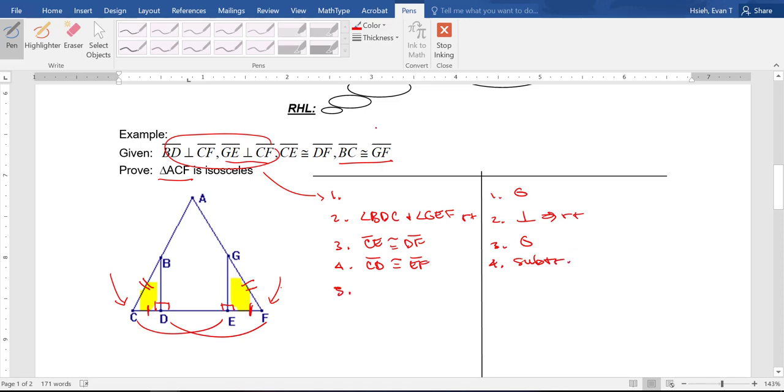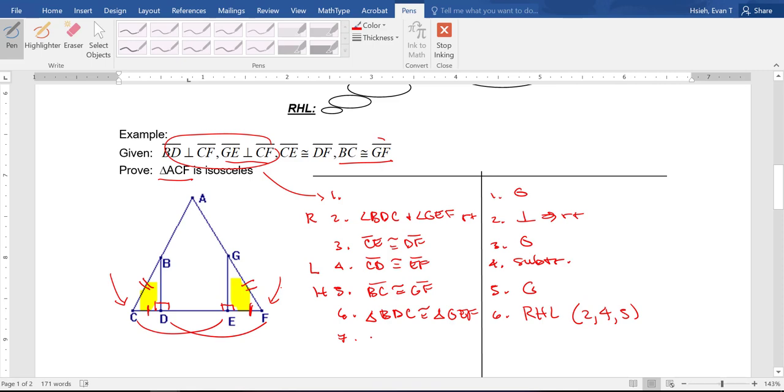Step 5, so here's my R, and here are my legs. Those are legs. And I'm given that BC is congruent to GF. That's my hypotenuses. So that's going to be just given. Step 6, I can now prove that triangle BDC is congruent to triangle GEF, and that's going to be by RHL from steps 2, 4, and 5.